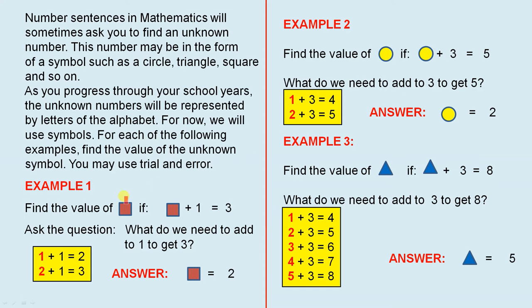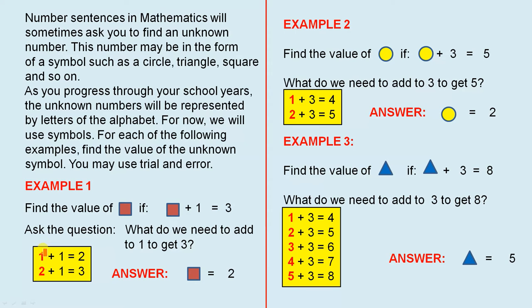Example 1. Find the value of the square if the square plus 1 equals 3. So you ask yourself the question, what do we need to add to 1 to get 3? So there's our 1. What do we need to add to 1, which will be the value of the square, to give us 3? Let's try 1.